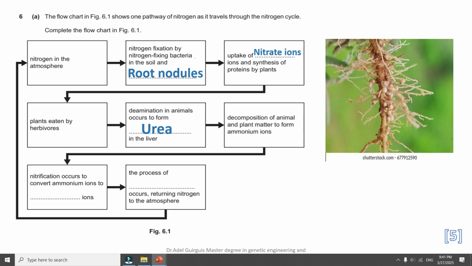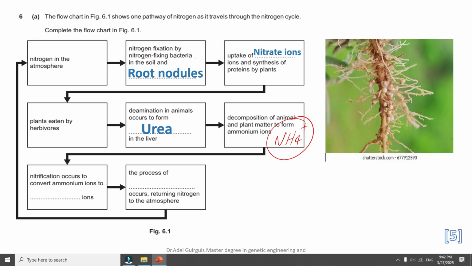Decomposition of animal and plant matter forms ammonium ions. The flesh or the corpse of animals and the remaining part of plants, even fallen leaves, decompose into ammonium ions, NH4 plus. Okay, what happens to NH4 plus ammonium ions?